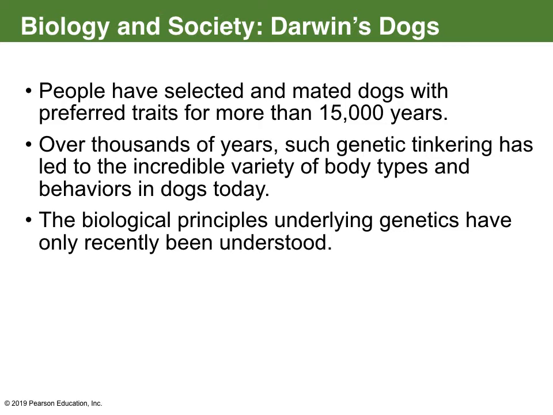You think about everything from the tiny Chihuahuas on up to Great Danes and Grand Pyrenees and all those other giant breeds. Also temperament, right? Some are more nurturing, some are better at tracking. So you know what I mean. Now, the funny part is the biological principles underlying the genetics of all these years of mating dogs, we really have only broken down recently.